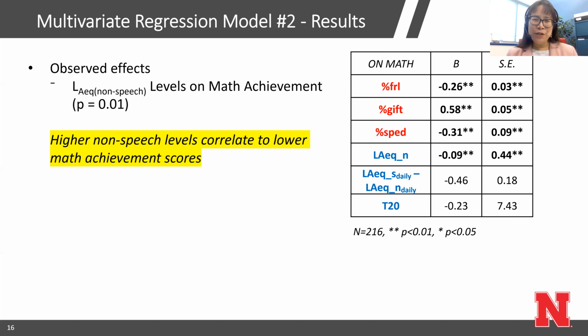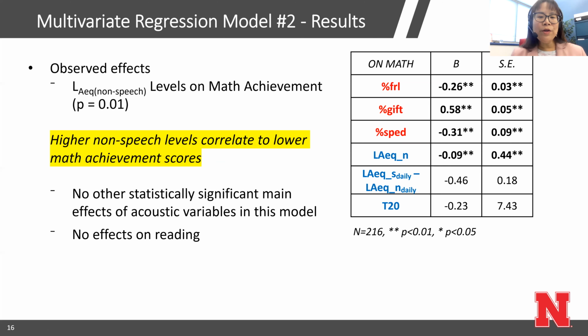And in terms of our acoustic variables, what is shown is that it is the non-speech levels that are correlating to lower math achievement scores in this model at a very statistically significant level, P less than 0.01. And as before, there are no other main effects. Actually, in this case, there were no interactions with the demographic variables, and there were no effects on reading achievement.